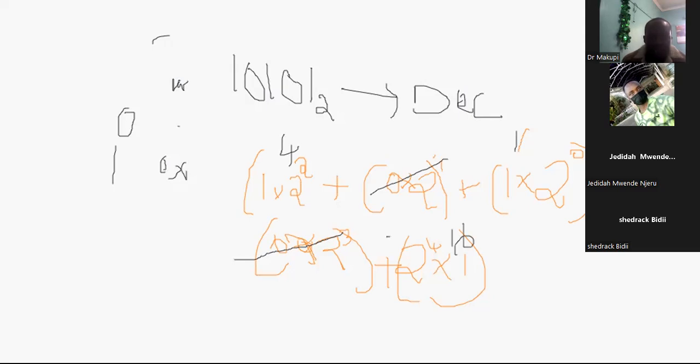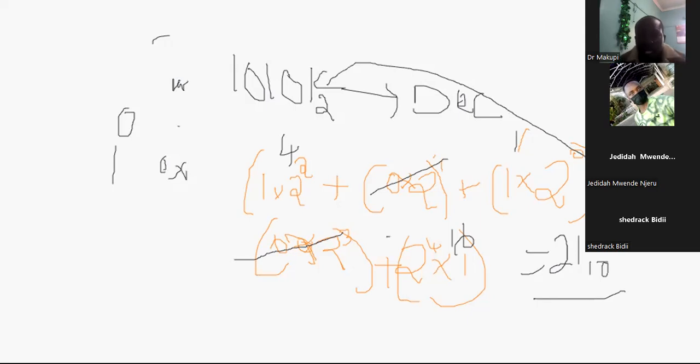So 16 plus 4 plus 1. What do you get? 21, base 10. So I hope you have seen how we convert that binary number to a decimal number. You see now addition comes in.